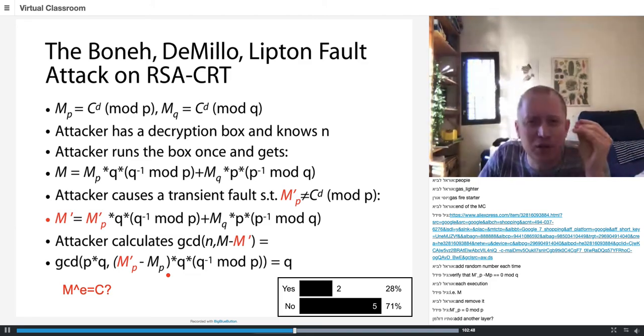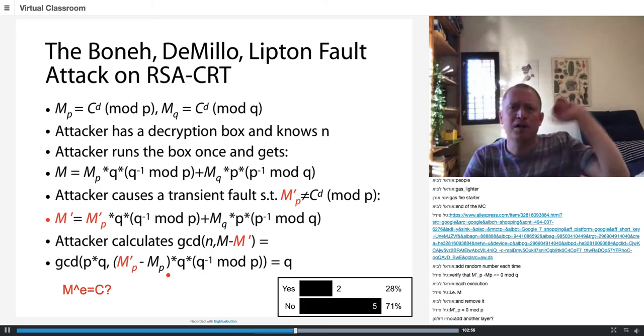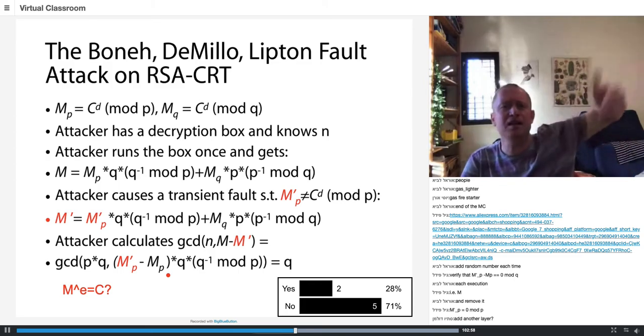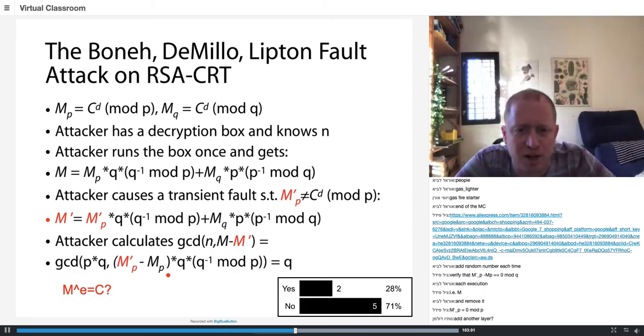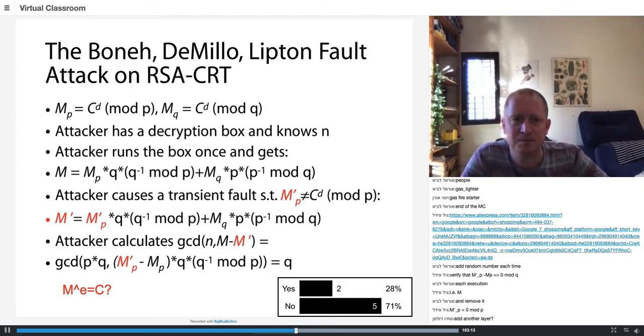And you'll see if you look at open source libraries and the way they do RSA decryption, after they decrypt, the first thing they do is encrypt again and check that the encryption was right. Do you understand why this works as a defense?